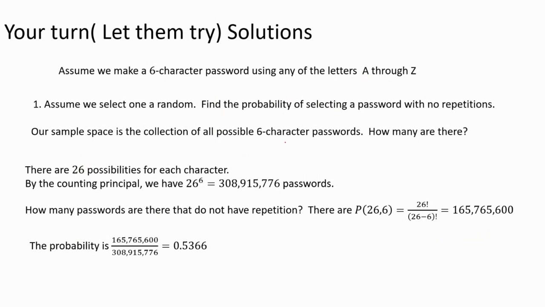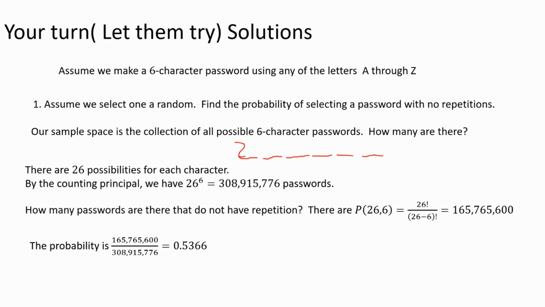Again, order matters because it's a password. Well, it's 6 characters long, right? So 1, 2, 3, 4, 5, 6. And again, any of the letters of the alphabet is a possible choice for each digit.